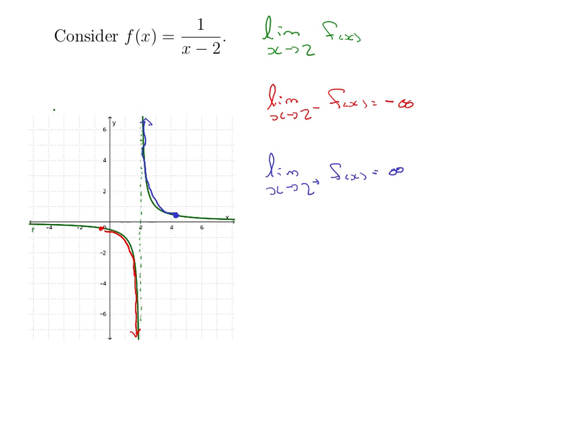What you can notice, though, that's kind of weird, is if you try plugging in the x value of 2, like if we were going to try and figure out this limit by saying, oh, let's just plug this into our function. Really, this is the limit as x goes to 2 of 1 over x minus 2. So if you plug in 2 here, what you'll notice is we get 1 over 2 minus 2.